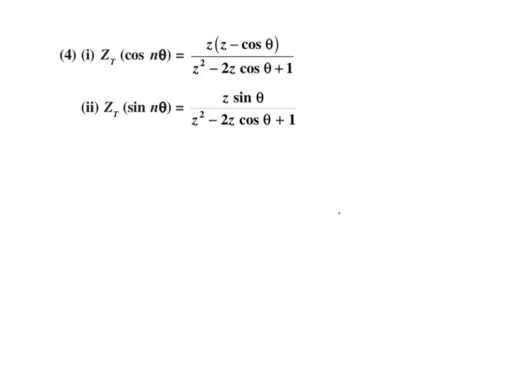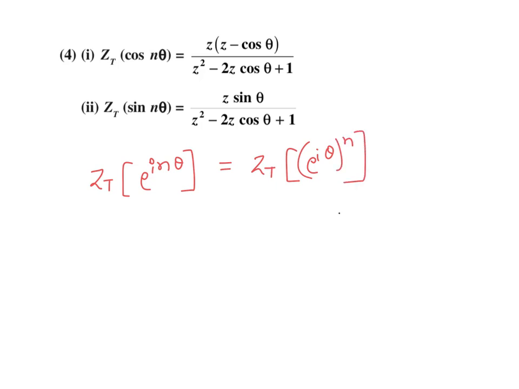We can prove both results in one procedure by considering the Z transform of e power i n theta, which can be written as the Z transform of (e power i theta) power n. Now, Z of e power i n theta can be written as the Z transform of cos n theta plus i sin n theta.